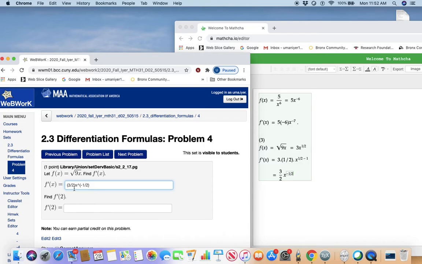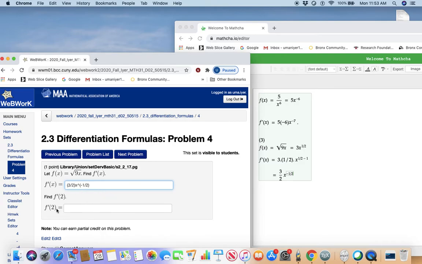Make sure 3 over 2 is in parentheses. If you didn't have the parentheses there, then you have 2x to some power in the denominator. Be careful. So 3 over 2 and then x to the power negative half.